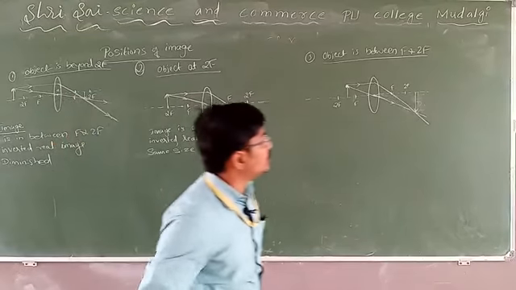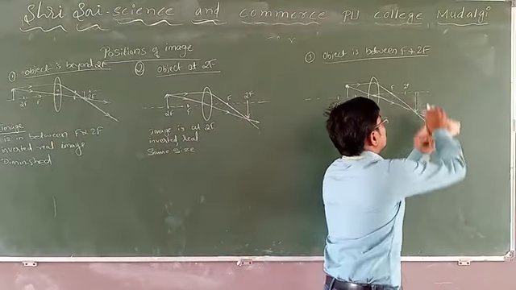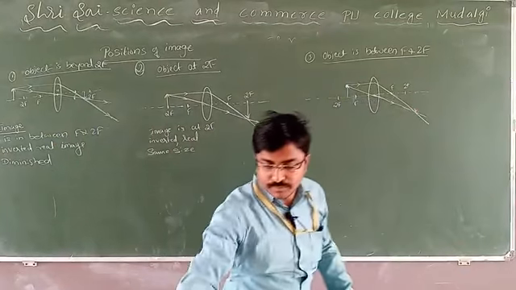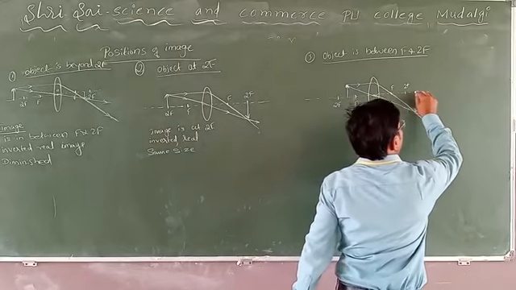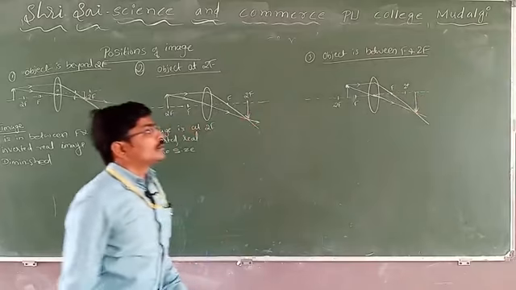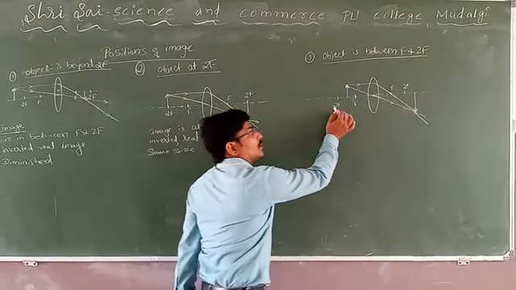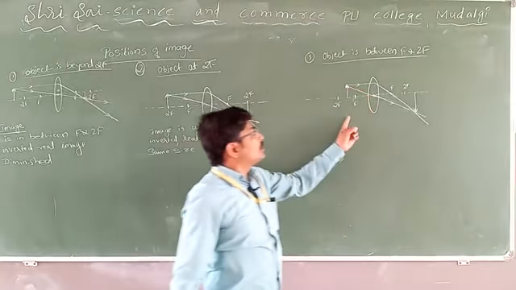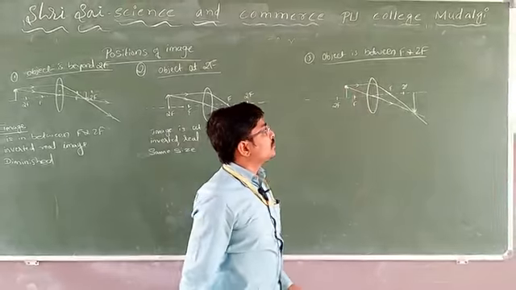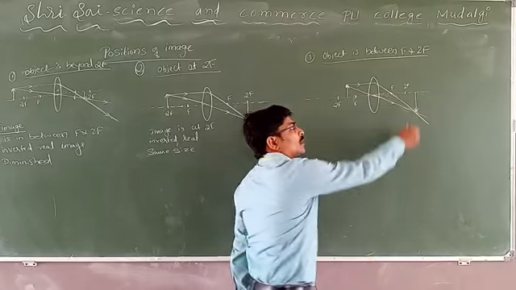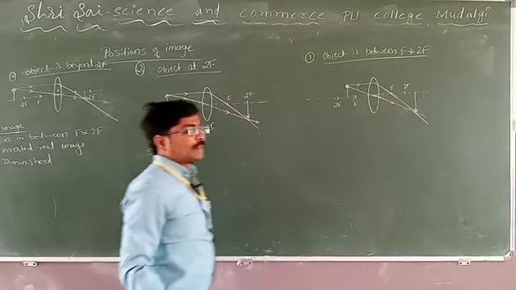Where you will get the image. Listen. See here, if I kept the object between f and 2f, then after passing through the lens we will get the image beyond 2f.